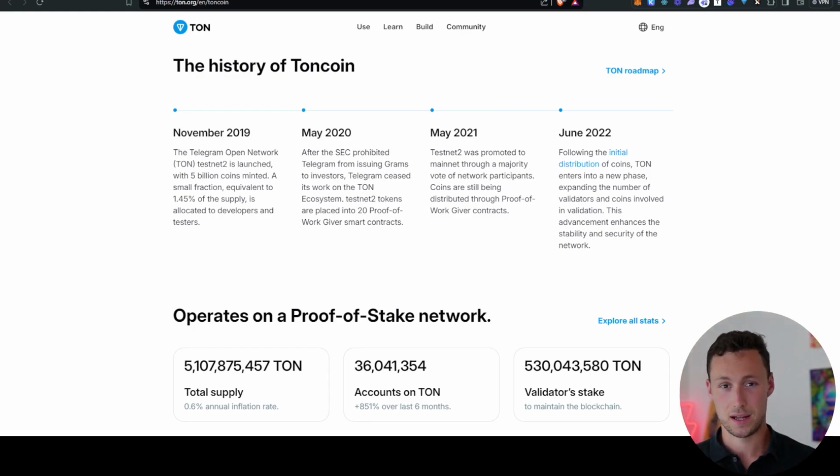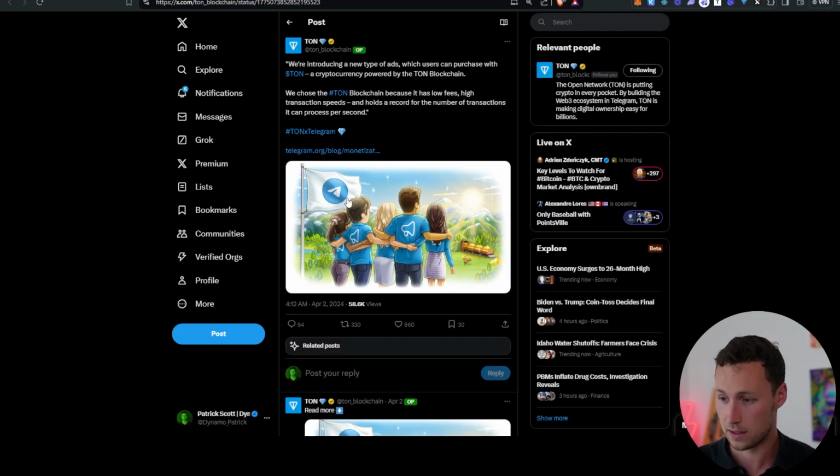Not only that, but Telegram has also been actively supporting TON again. For one thing, a couple months ago, Telegram announced that they would start giving payments to certain channel creators on Telegram. Again, a channel on Telegram is like a news channel of one person publishing information to many people. And they're using TON as the payment rails for those ad payments.